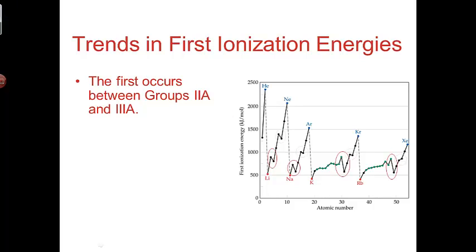So looking at here, group 2A to 3A, and so here we see where it's going from, say, beryllium to boron. So we have beryllium, so again, here's my nucleus, and I've got 1s here, and then let's do it this way, beryllium and boron.